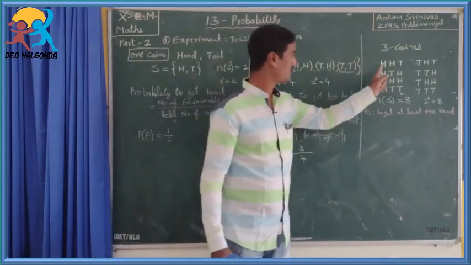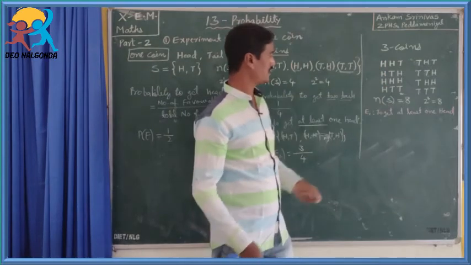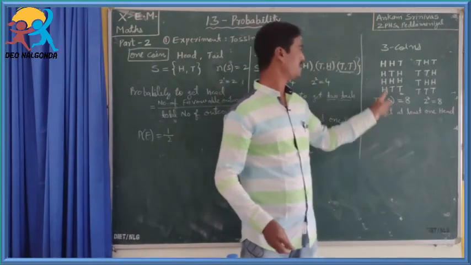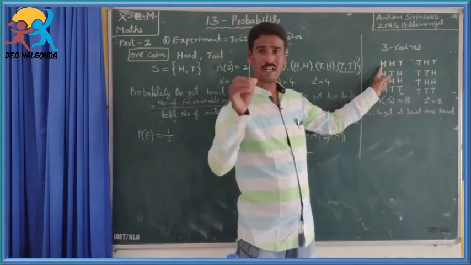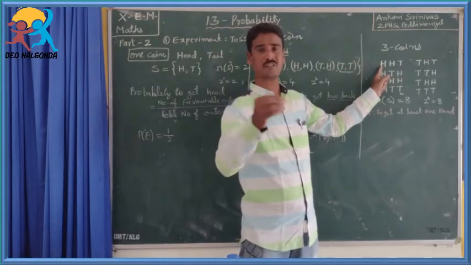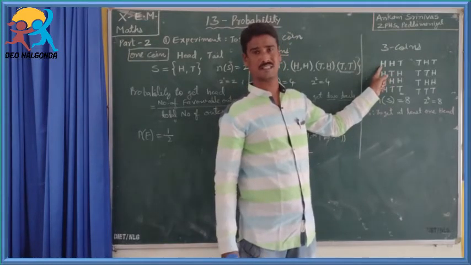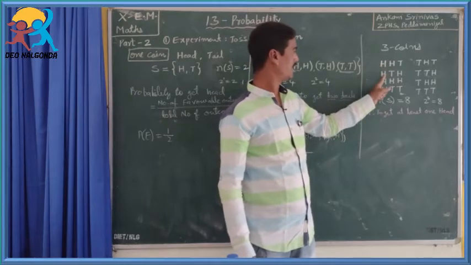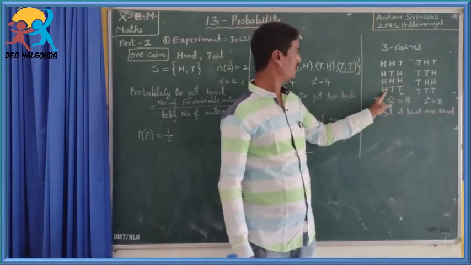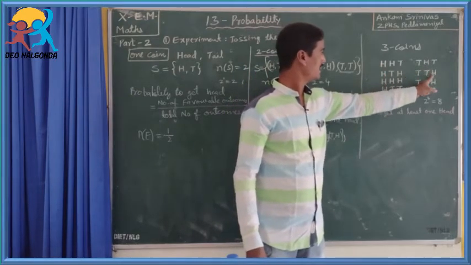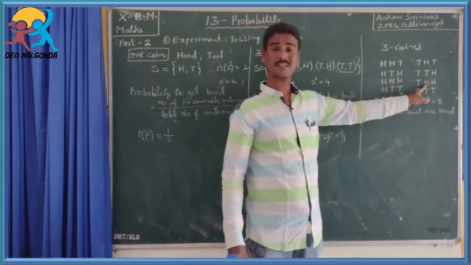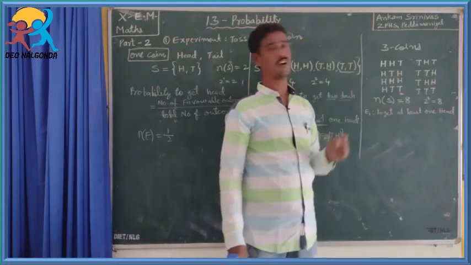Now if you observe in these outcomes, at least one head means if you get one head, it is favorable to us. So here H 1, here 2, 3, 4, 5, 6, 7. There are 7 favorable outcomes.